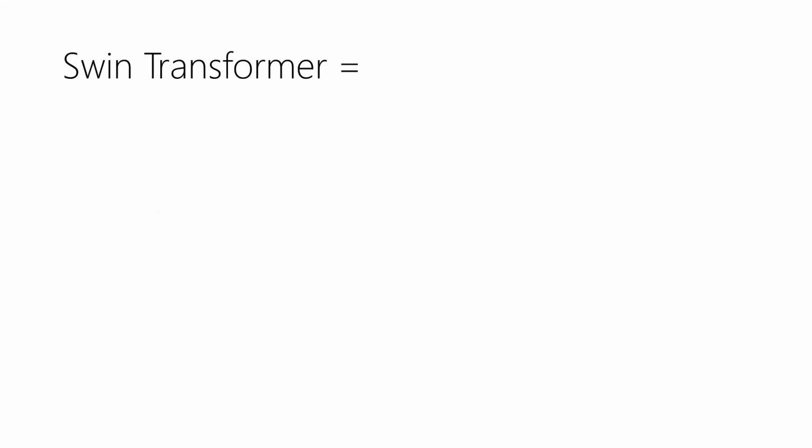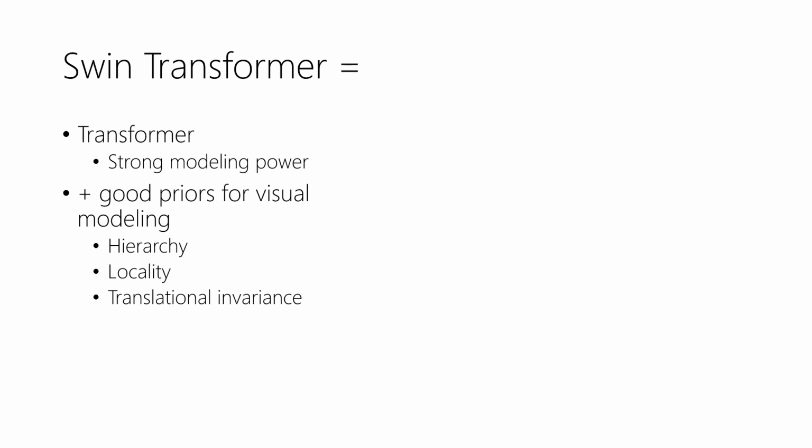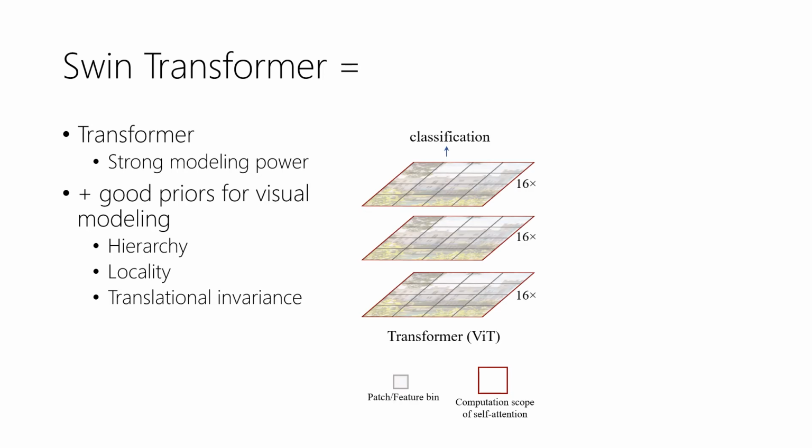We thus consider introducing good priors of computer vision into the architecture design, and the resulting architecture is called Swin transformer. Swin transformer basically equals transformer plus good priors for visual modeling, such as hierarchy, locality, and translational invariance. Please see this illustration.